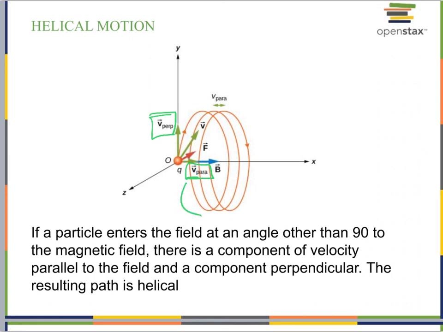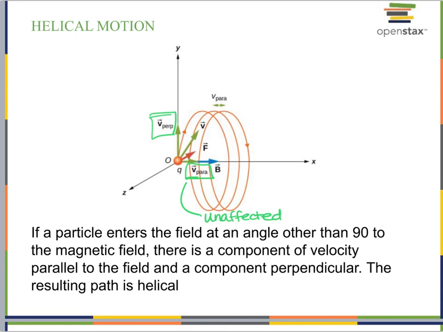The part of the velocity that's parallel to the magnetic field is unaffected because it doesn't feel any force. And then the part of the velocity that's perpendicular makes it go in a circle.